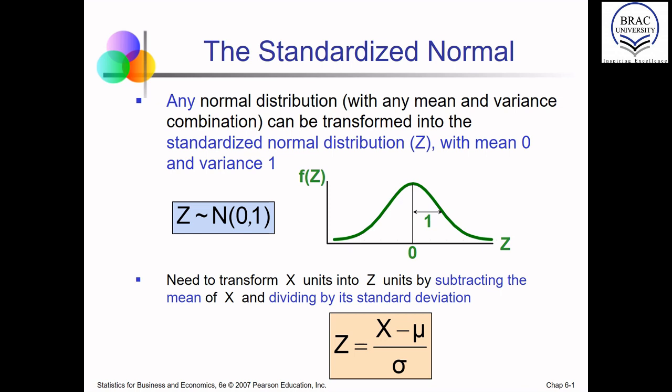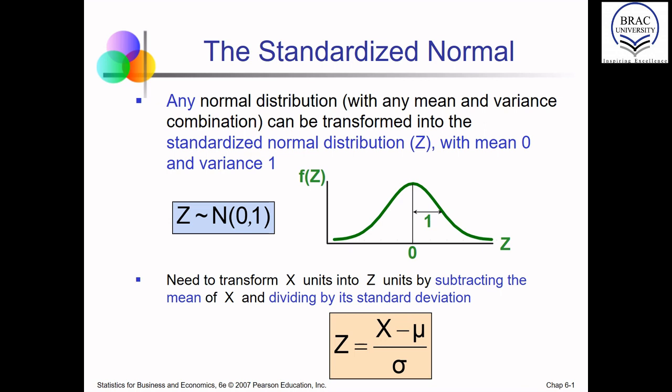For expressing normal distributions, we were using the capital letter X. In order to express a standardized normal distribution, we use the capital letter Z, with a mean of 0 and variance of 1.